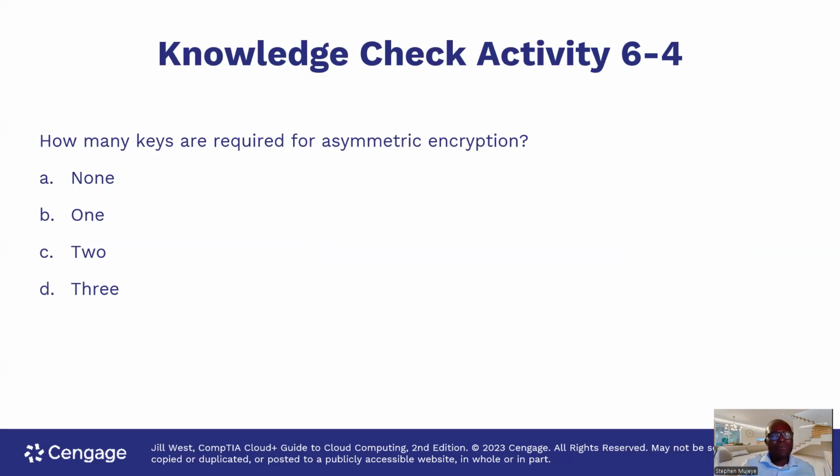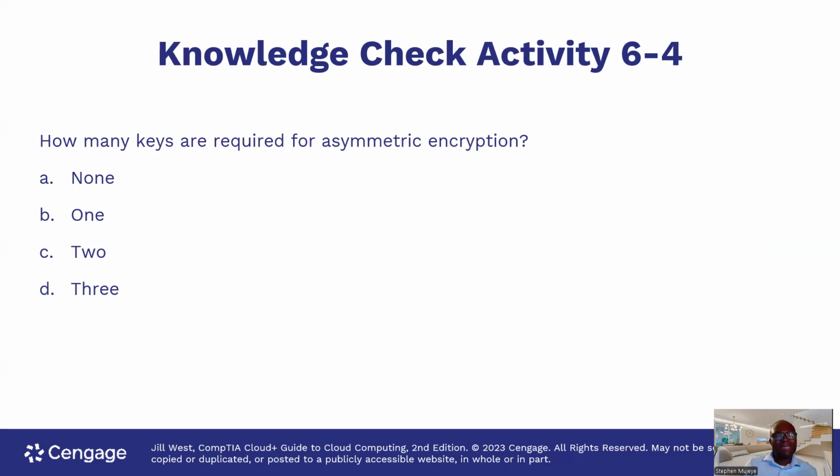Right, another time for a knowledge check before we move on to the last part. How many keys are required for asymmetric encryption? You may recall there were two types of encryption. The public one, which is also known as asymmetric encryption.